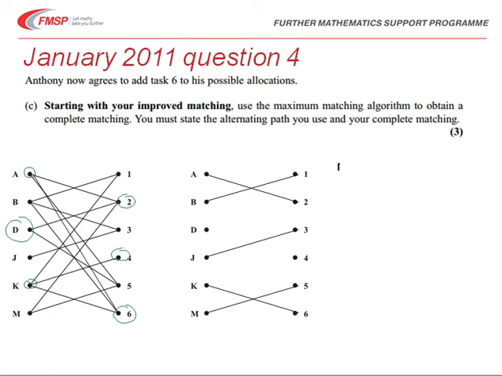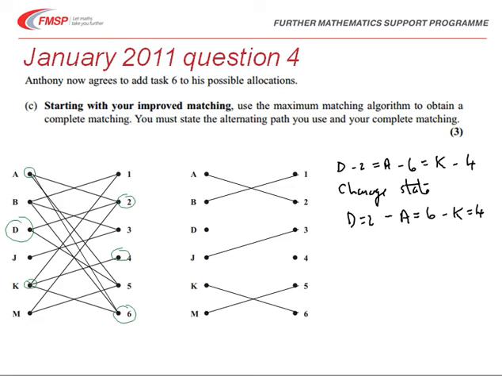It was from D to 2, which was matched with A, then to 6, which was matched with K, but then to 4. And then changing the state of that so that D is now matched with 2, A with 6, and K with 4. So we've increased the matchings by 1 there.